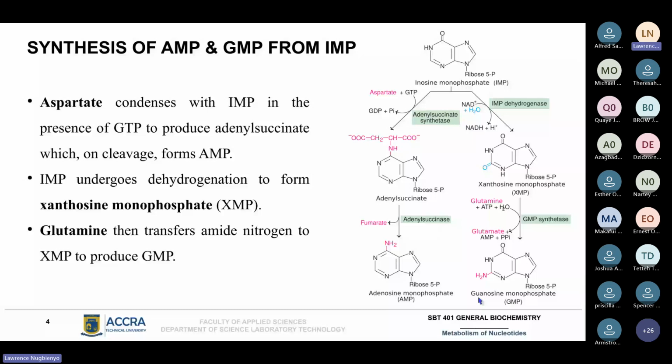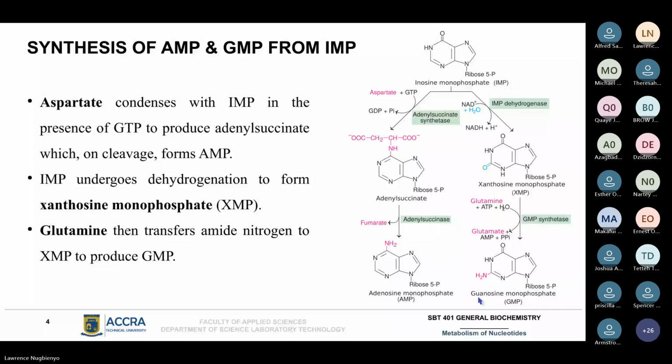If it undergoes further phosphorylation to give you guanosine diphosphate, guanosine triphosphate, they will have different functions. GTP, the guanosine triphosphate, is also a form of cellular energy, just like ATP.